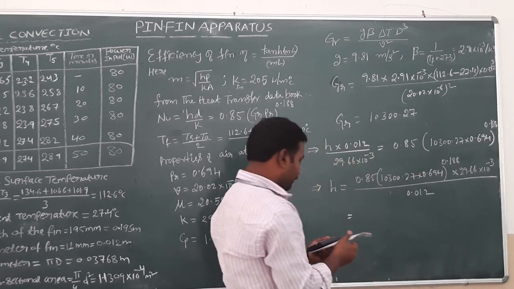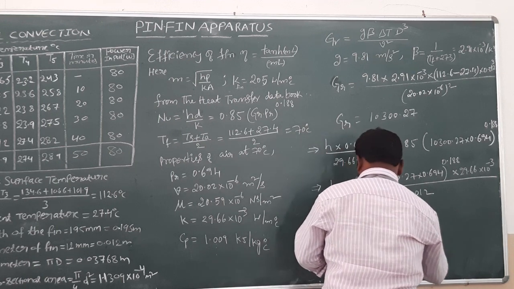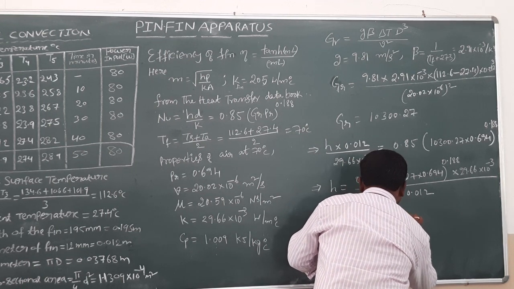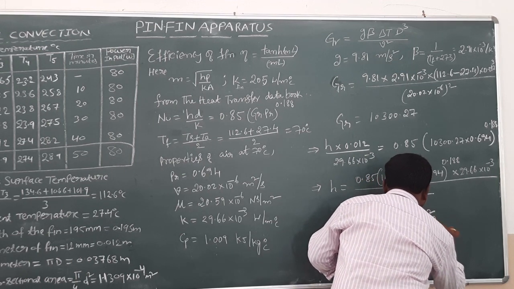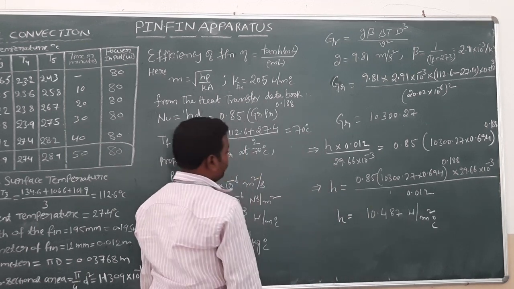Let us calculate this value. Equal to 10.487 watt per meter square degree centigrade is the heat transfer coefficient h.